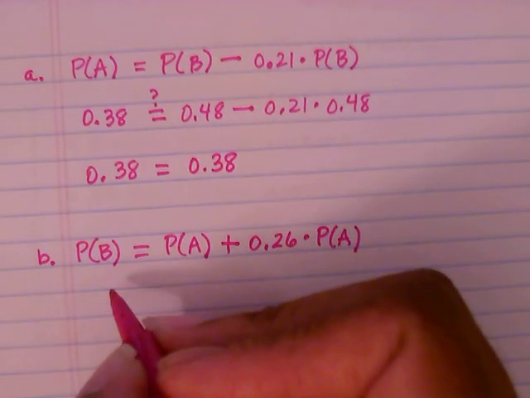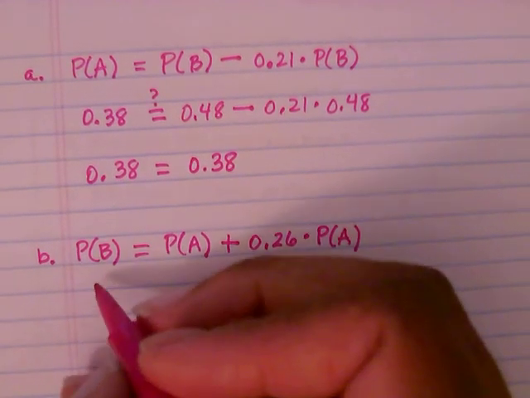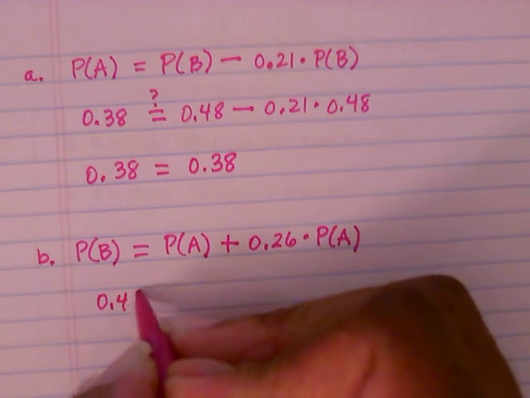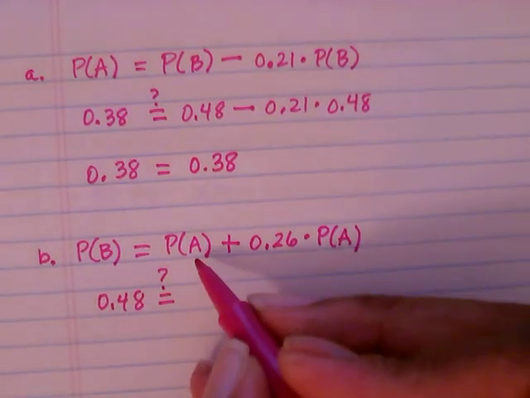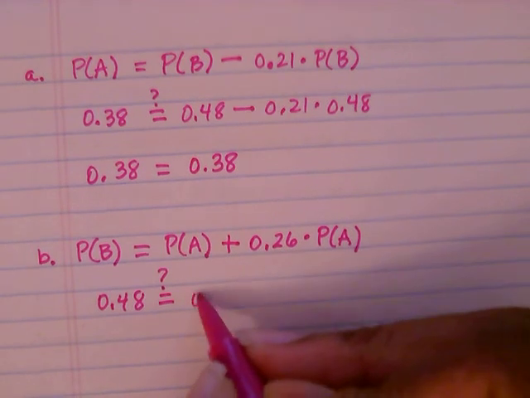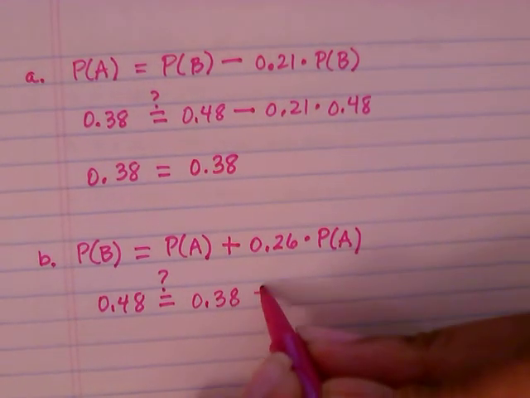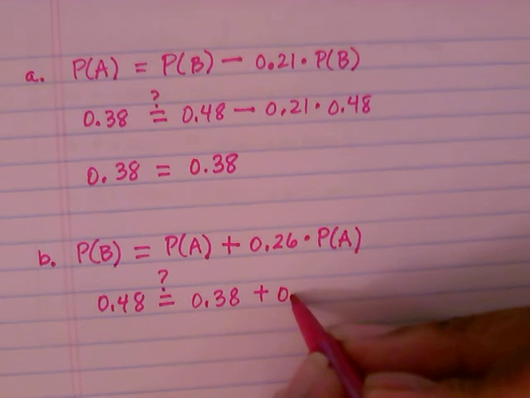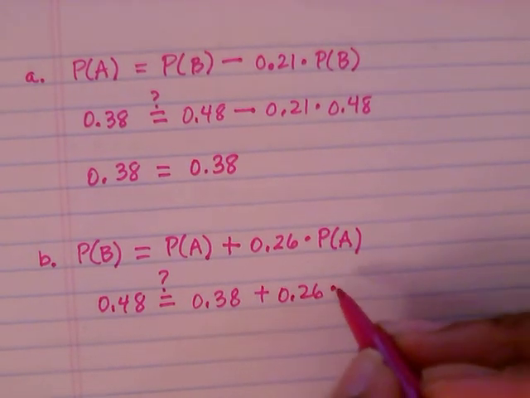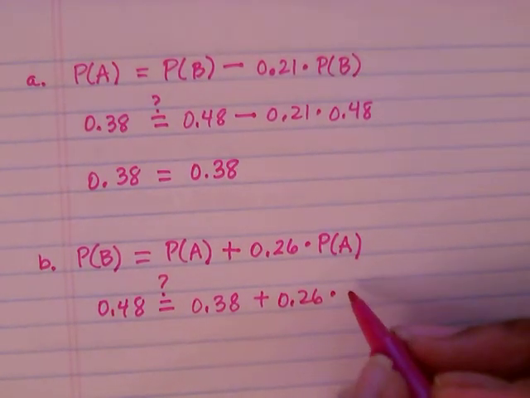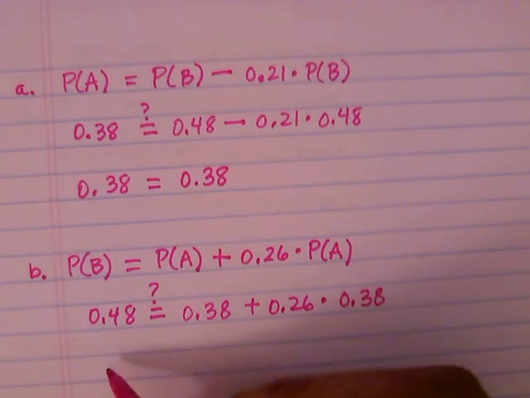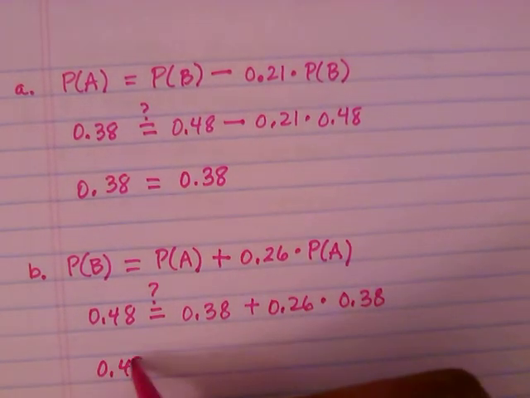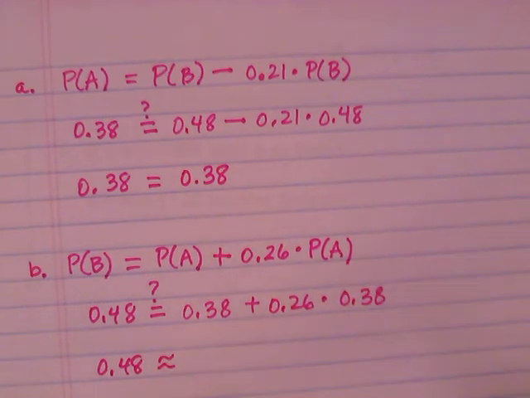Now the probability of event B was 0.48. That should equal the probability of event A, which was 0.38, plus 0.26 times the probability of event A, that was 0.38. So the left side I have 0.48. I'm going to say approximately equal to here.